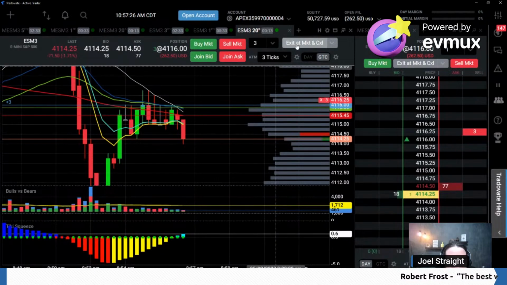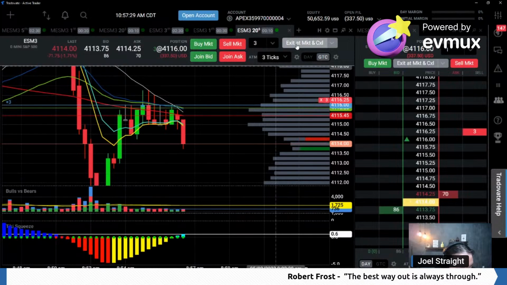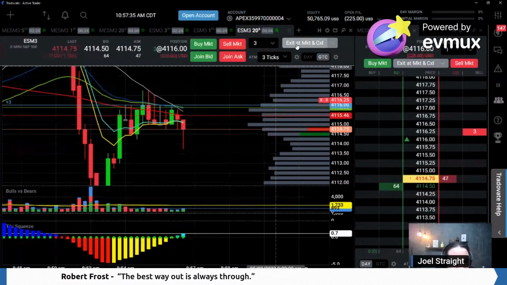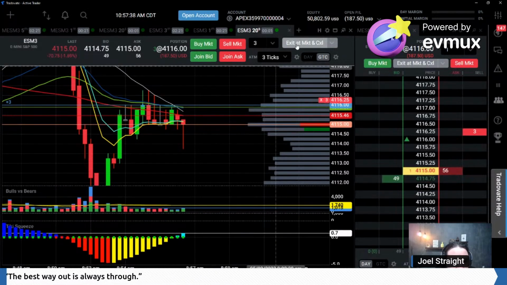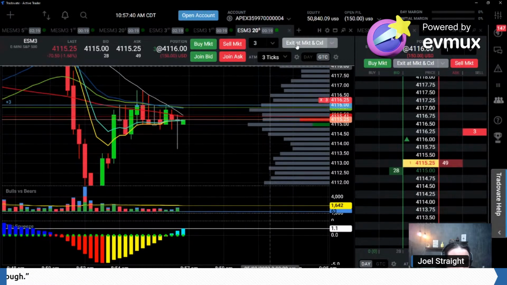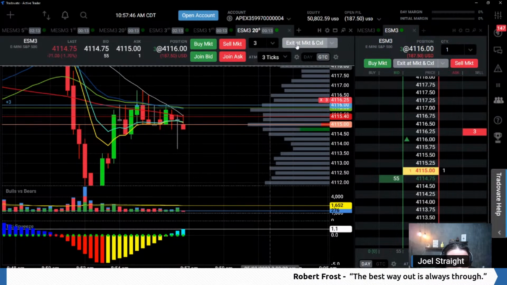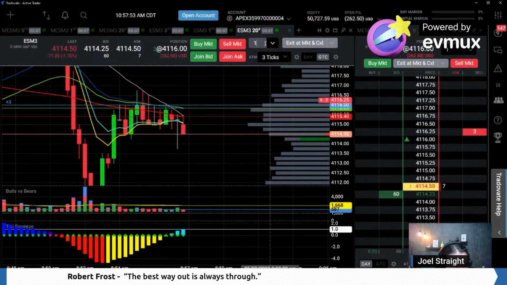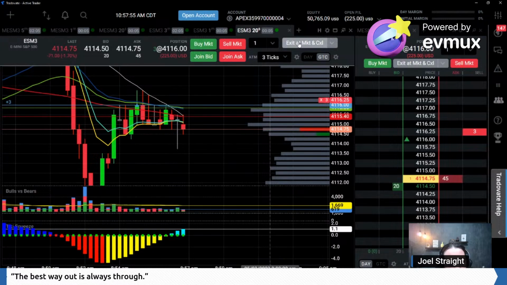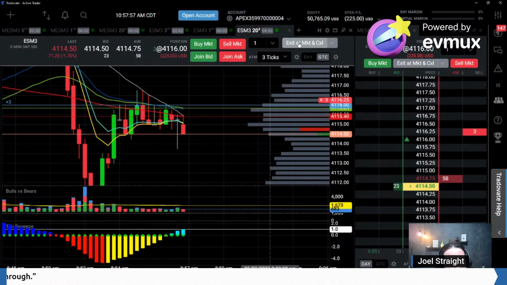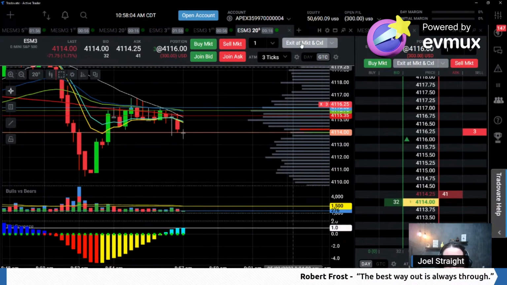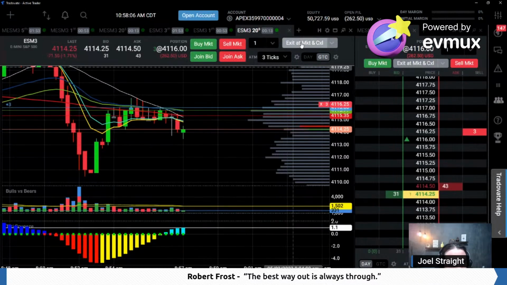I gotta cut this. So literally tapped my risk and started coming back. So I was about to cut that. Back at my risk level.